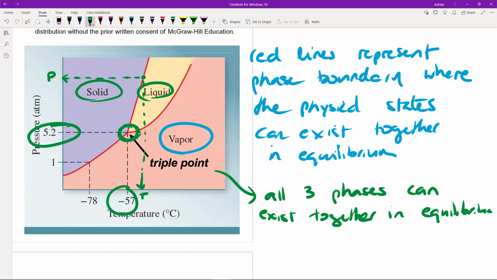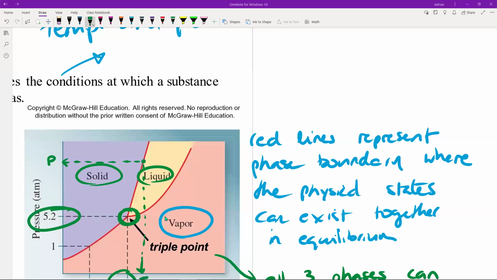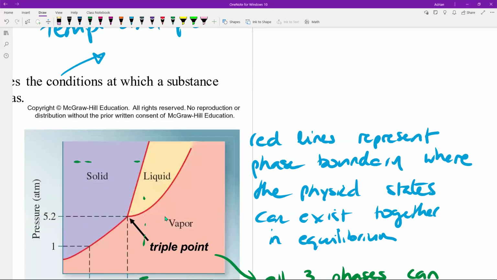Now, what you may notice also in your phase diagrams, in every single one of them, is that there is going to be a region, and that part on the phase diagram is this region here. And that's where the line between the liquid and the vapor just seems to end.